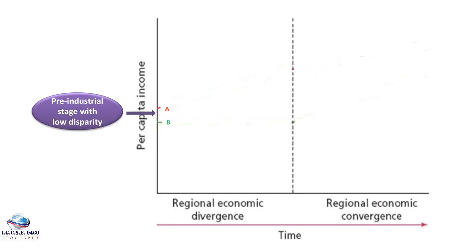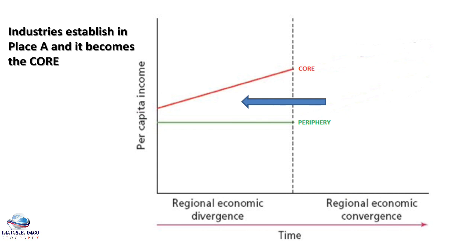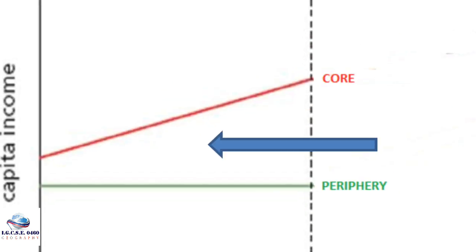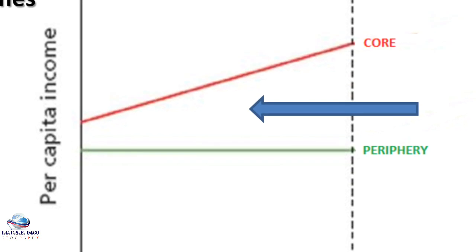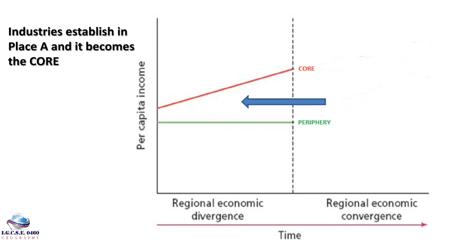So what is going to happen over time is that industries may establish in place A and it becomes the core. You can see from the graph that the red line shows the core, and you can see that there is an increase in per capita income. Of course, this comes with the establishment of industries.